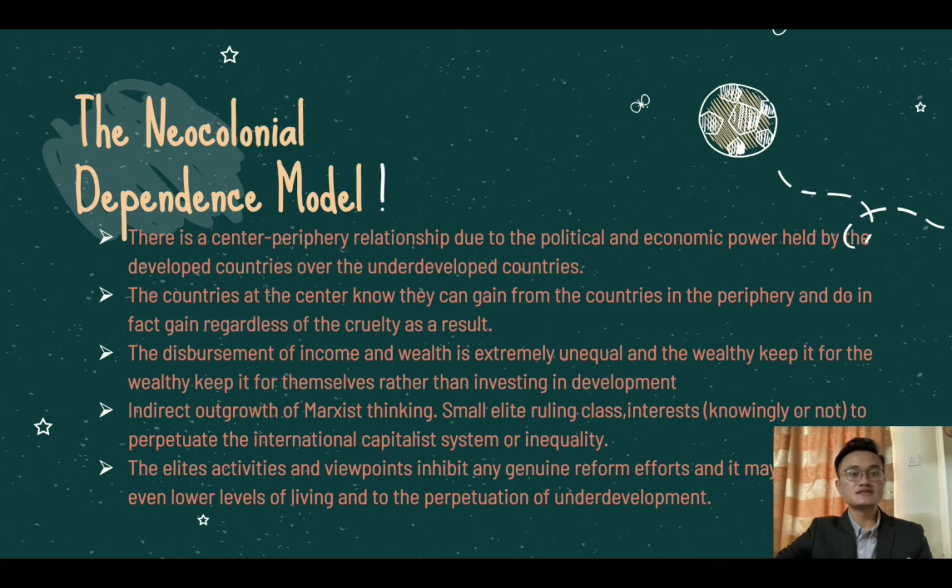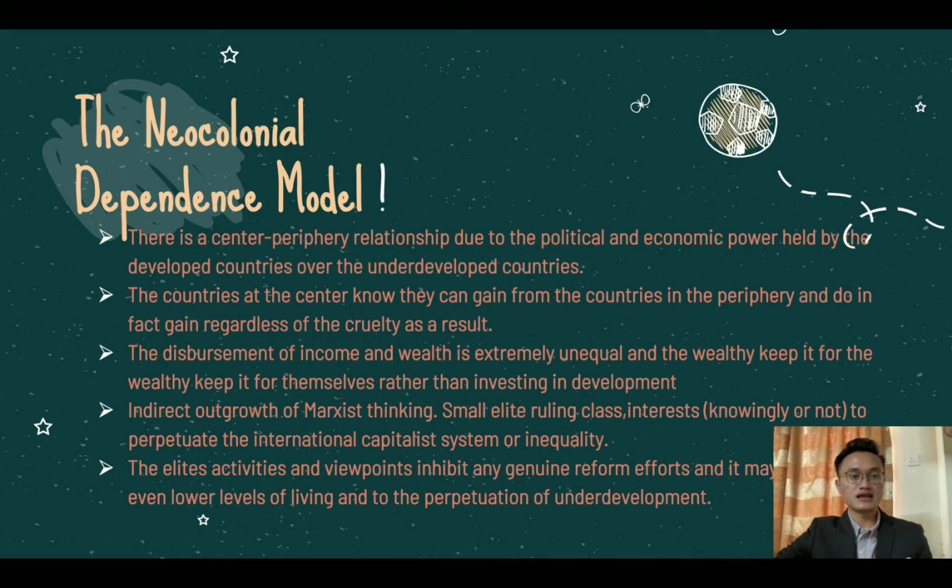The disbursement of income and wealth is extremely unequal, and the wealthy keep it for themselves rather than investing in development. As a result, as an indirect outgrowth of Marxist thinking, a small elite ruling class's interests, knowingly or not, perpetuate the international capitalist system of inequality.